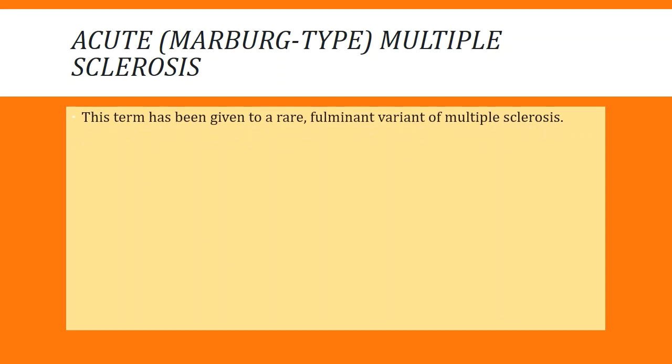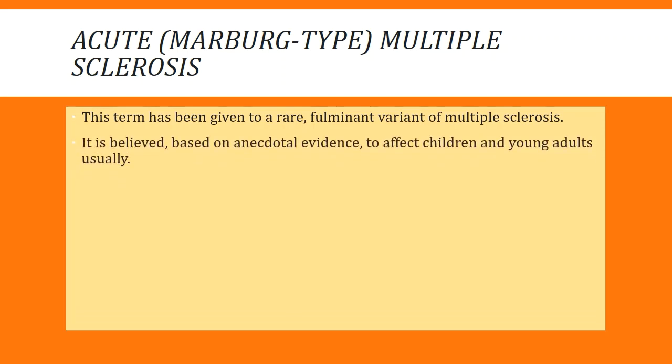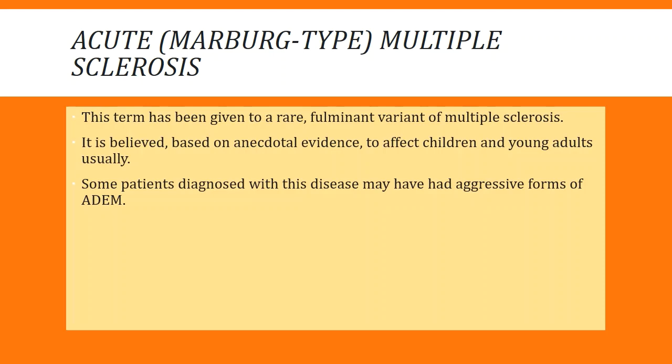So now, what is acute multiple sclerosis or the Marburg type multiple sclerosis? Now, this term has been given to the rare or fulminant variant of multiple sclerosis. It is believed to affect children and young adults usually. Some patients diagnosed with this disease have a characteristic aggressive form of acute disseminated encephalomyelitis.